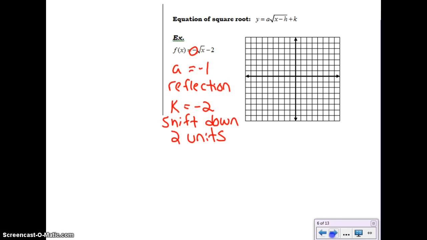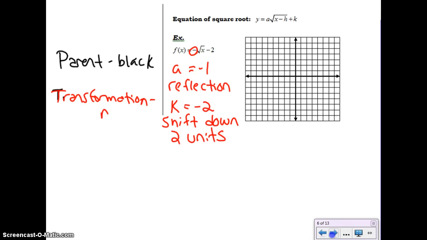Okay? So I'm going to draw my parent function in black, and then I'm going to draw this transformed function in red. So I'm going to make a little note. Parent is going to be in black, and then transformation is going to be in red.